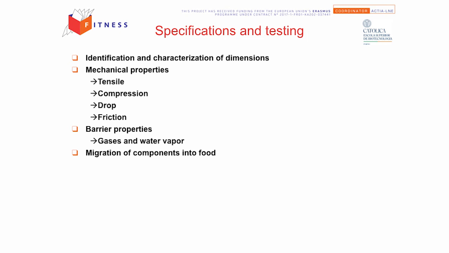Then we have barrier properties, permeability to gases and to water vapor, and finally migration of components into food.